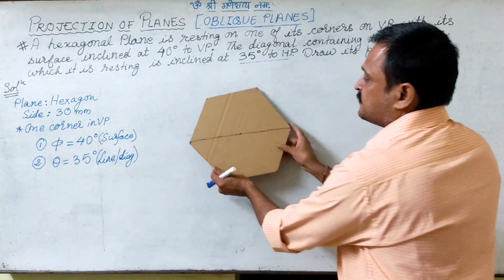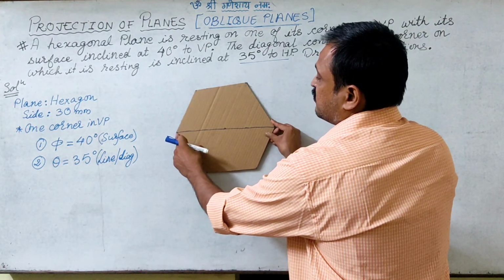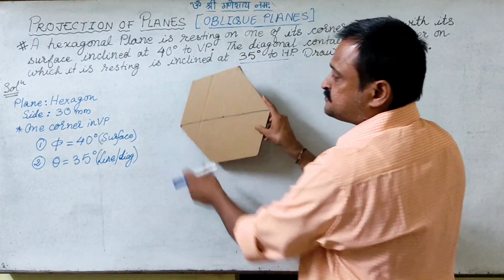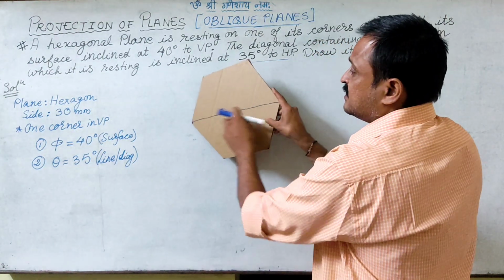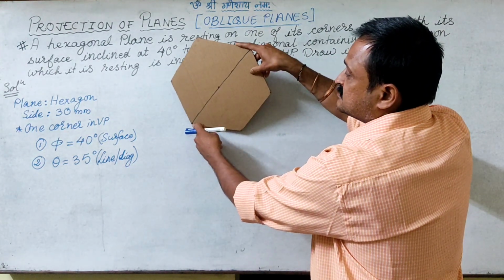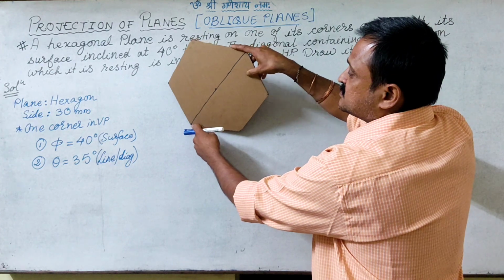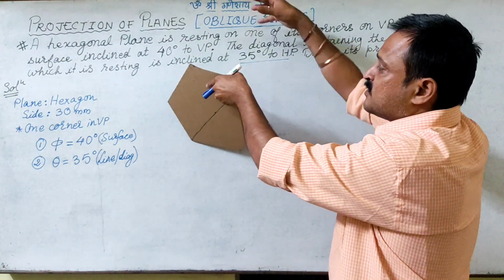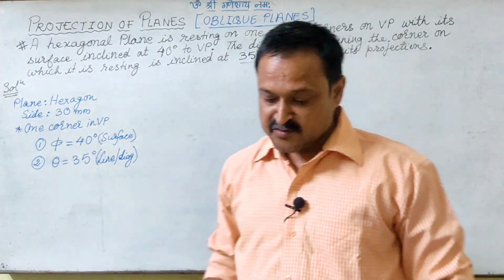It is said that it is resting on one of its corners in VP, so let it rest in this way, and this diagonal is inclined at 35 degrees to HP. So this is placed in this fashion, and I will get the final front view and final top view.